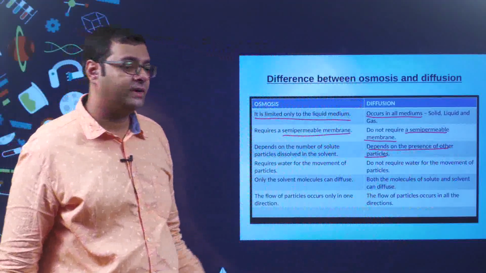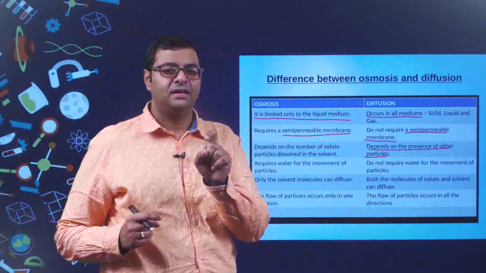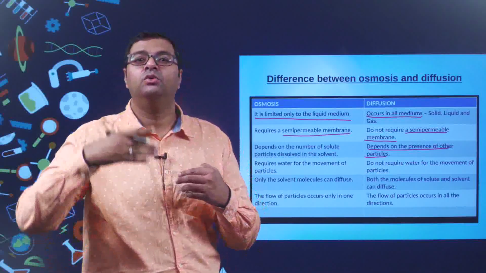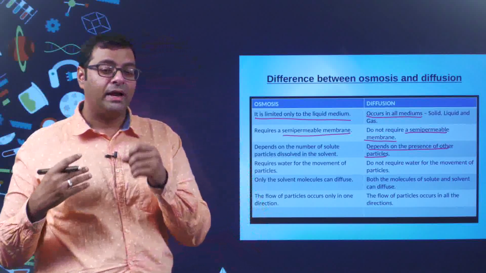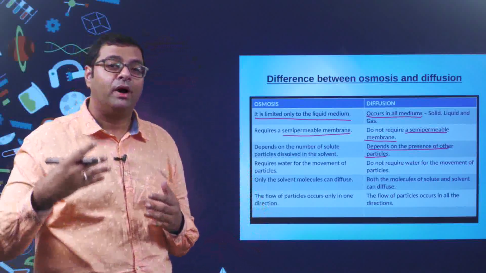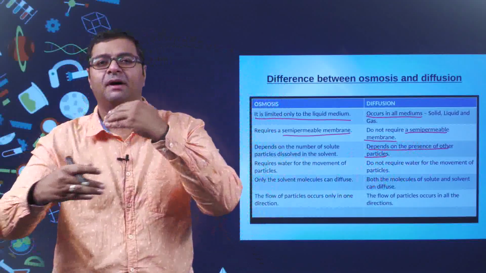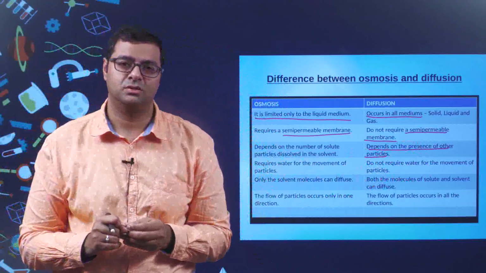When I spray the scent bottle, it will take some time to reach the person standing 6 to 7 feet away. Why is it taking so much time? Because there are other particles, the particles will collide and it will take some time to reach that person's nose.